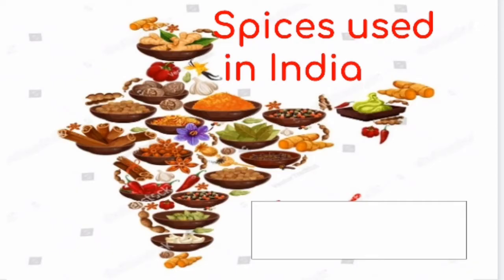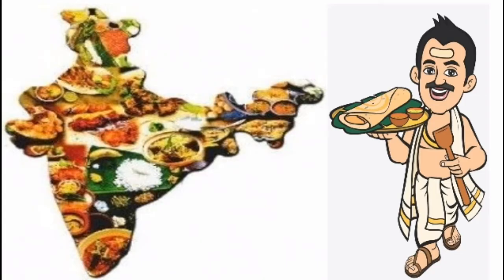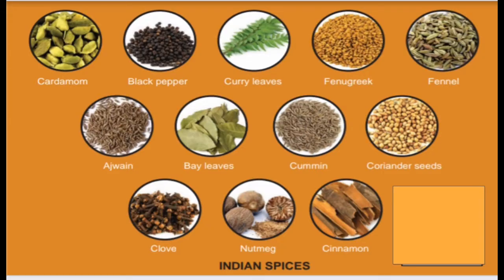Next, let's see the spices used in India. Children, see the following spices are included in a variety of Indian dishes. Cardamom, black pepper, curry leaves, fenugreek, fennel, ajwain, bay leaves, cumin, coriander seeds, turmeric, cloves, ginger, nutmeg and cinnamon.